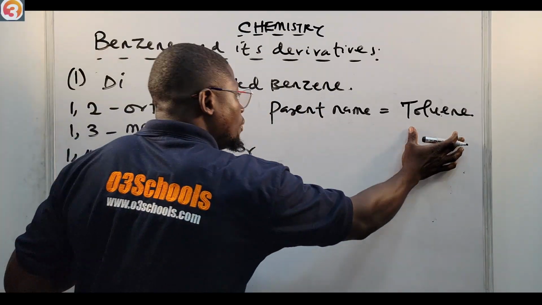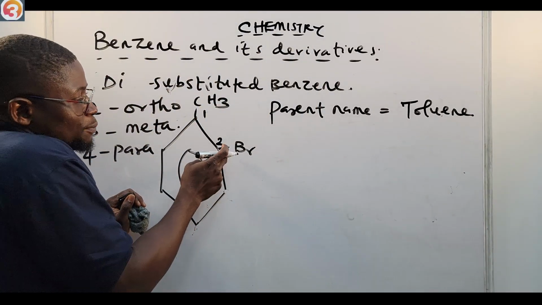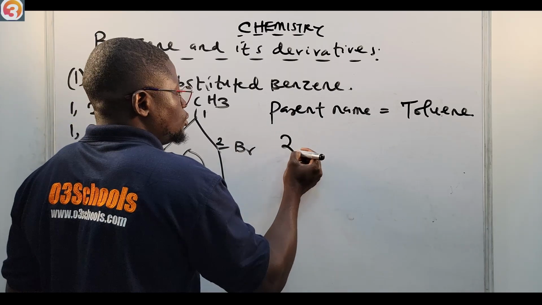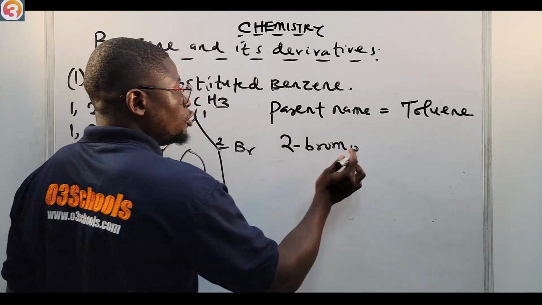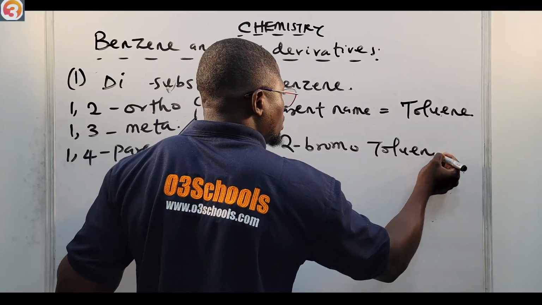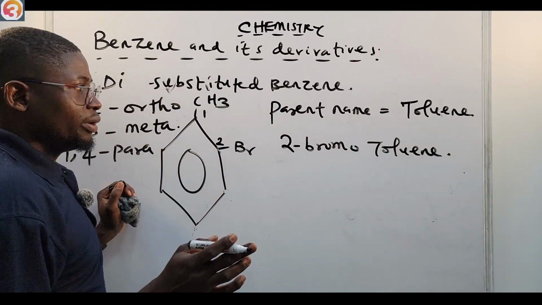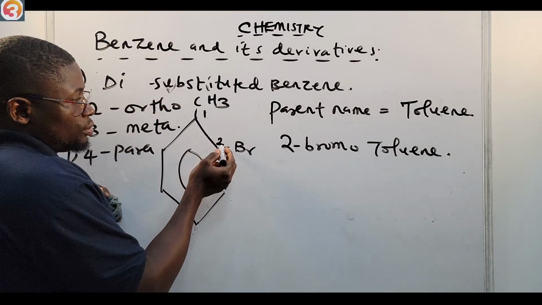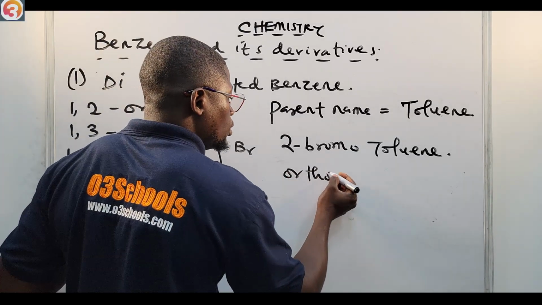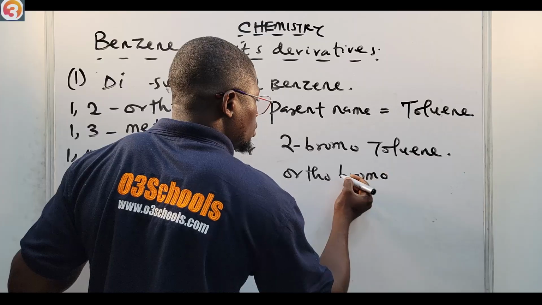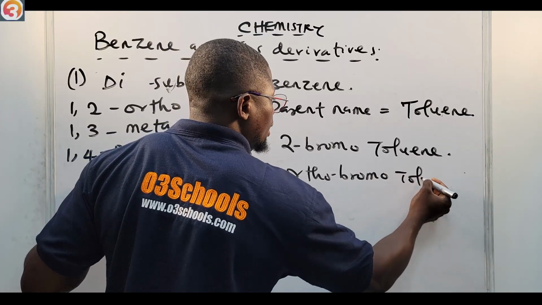Because it is toluene, that means this position 2 will be 2-bromo. We can now call this compound 2-bromotoluene. Or we can say, because the 2 groups are in position 1 and 2, we can call it ortho-bromotoluene.